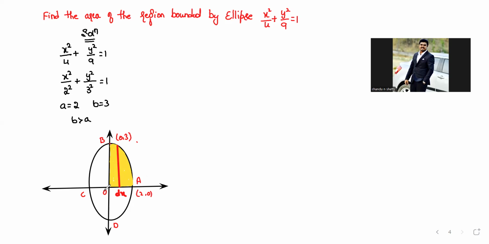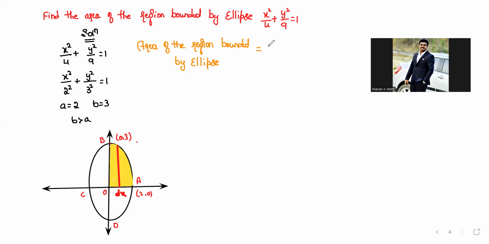Now observe, the area of the region bounded by the ellipse. My dear students, all of you, we know now what we are taking.